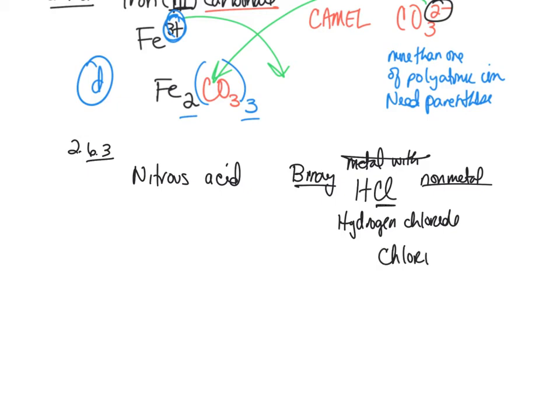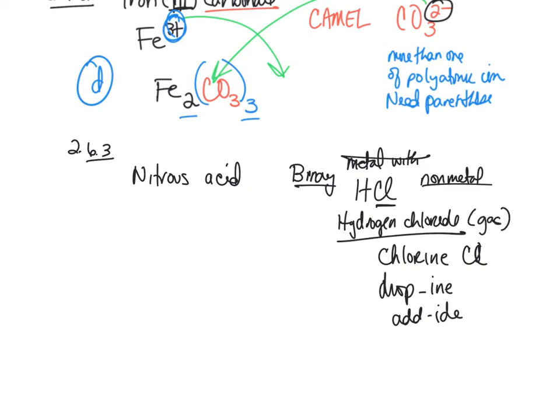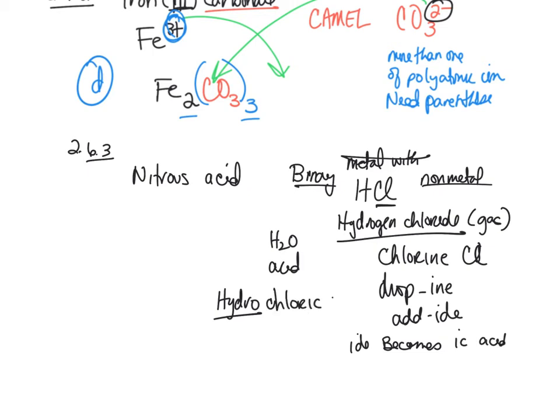This is chlorine on the periodic table, and when it's in a compound, you drop the INE and add IDE. So this could be hydrogen chloride if it's in the gas phase. But if you put this in water, it becomes an acid, and then you write hydro, and the I becomes IC acid. So hydrochloric acid.